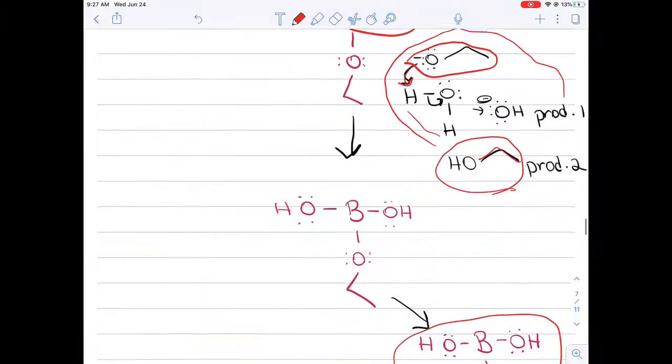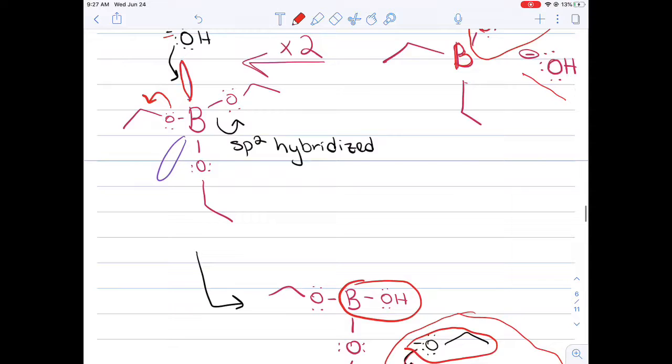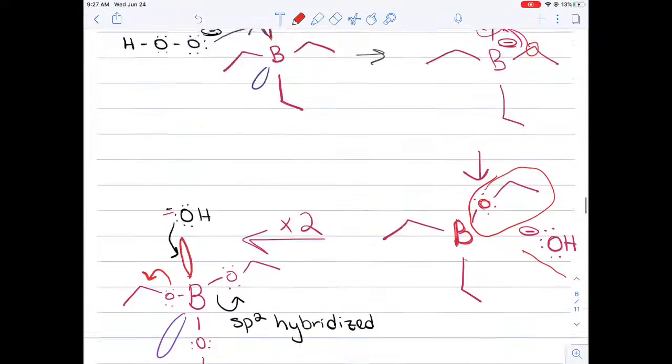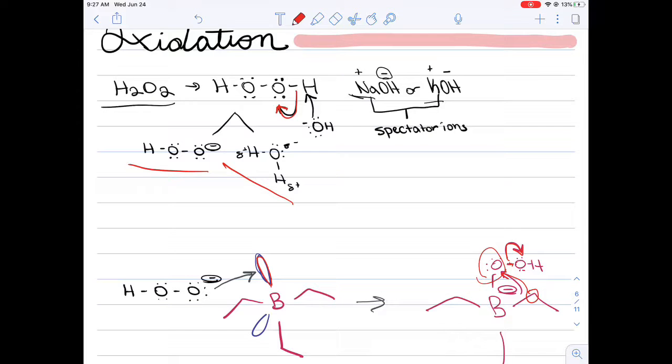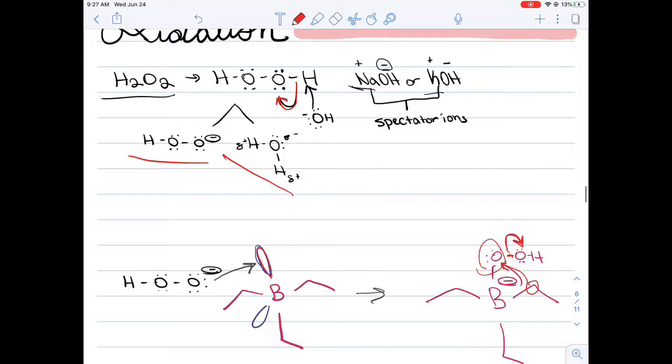Okay, so let's just rewind a bit. I know that this was a lot to take in, so I just want to take time to go over it once again. You have a peroxide ion, and you have a water molecule formed from reacting peroxide and this OH ion.